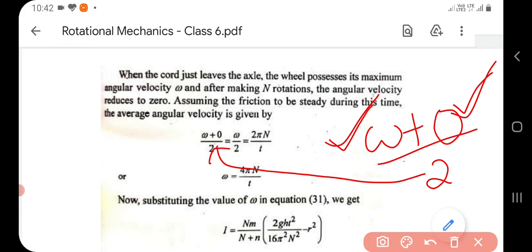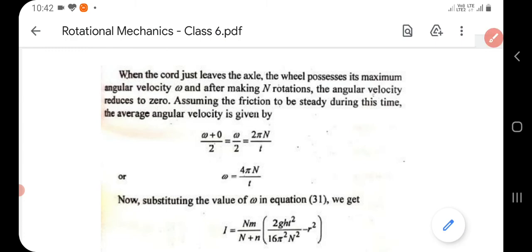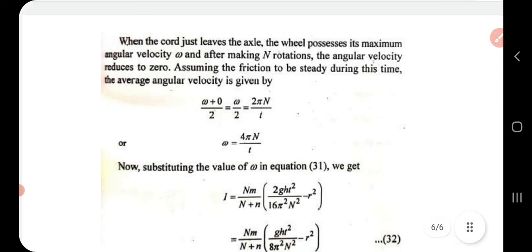So omega plus 0 by 2 is equal to omega by 2, which is again equal to 2 pi n by t. That you also have to study. Omega is written as 2 pi n by t, and from there you can find omega as 4 pi n by t.